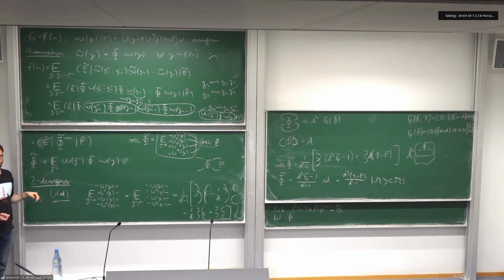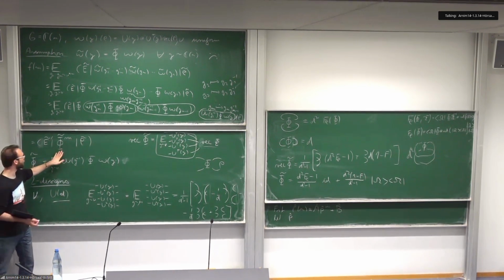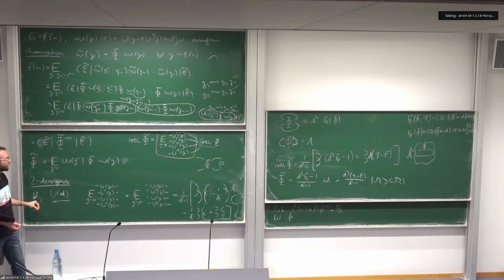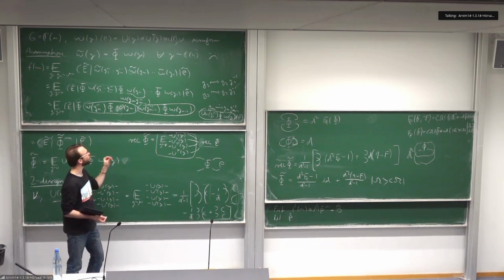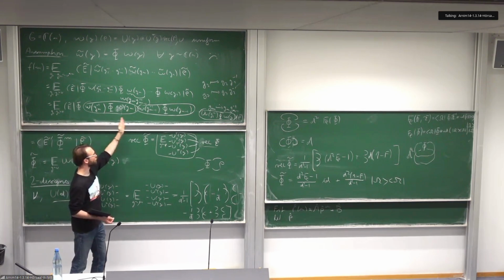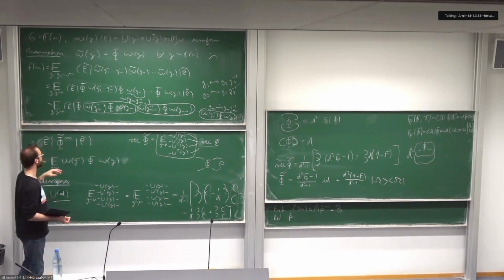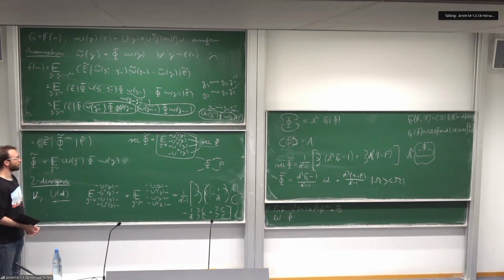And then because of this 2 design property, we can actually evaluate what this phi tilde is, because we can evaluate this moment operator. We can evaluate one of the averages, and because we decoupled all the G's from each other, it's just the exponential of it.